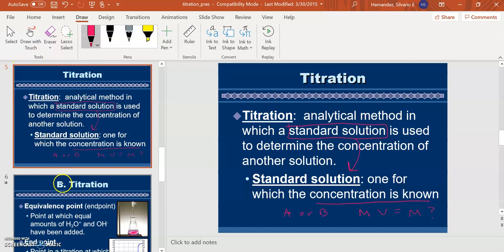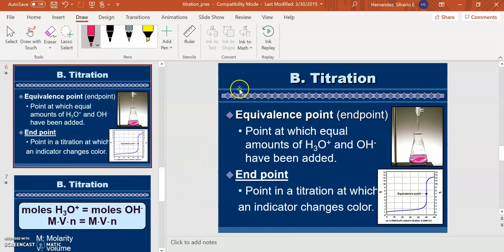Two more things that we need to know for titrations are, one, the equivalency point, which is where the hydronium and hydroxide ions are equal to one another. Once these two molar concentrations are equal, then we know that we've reached the equivalency point. And how do we determine that?